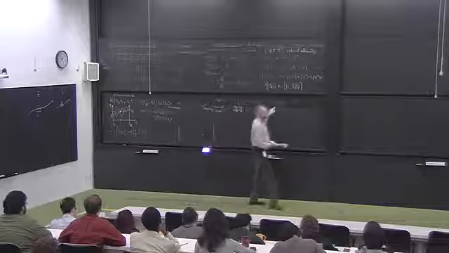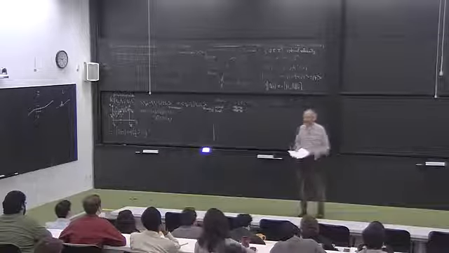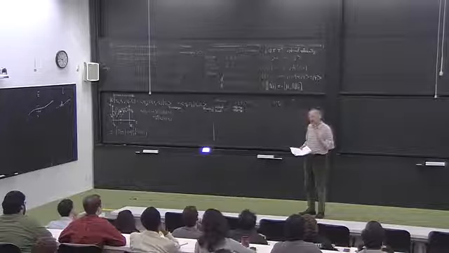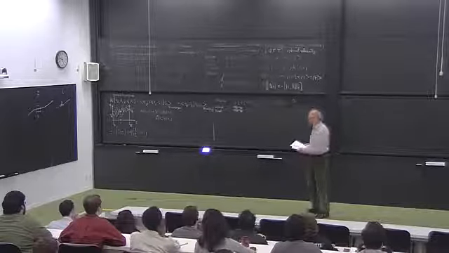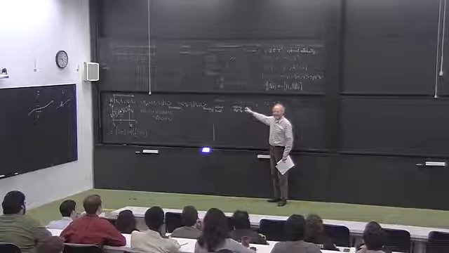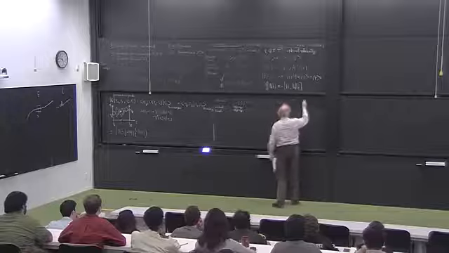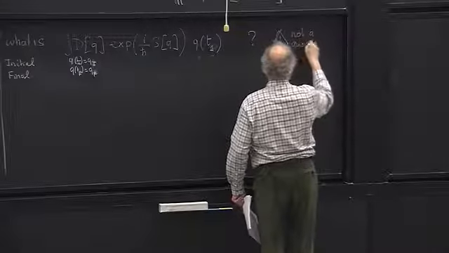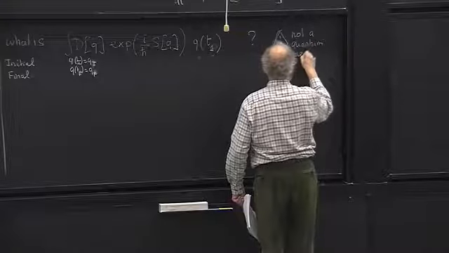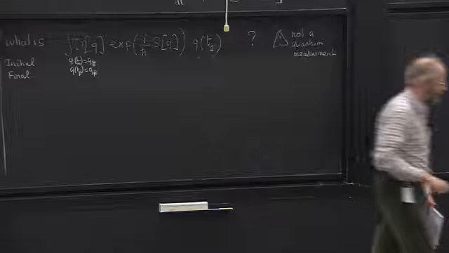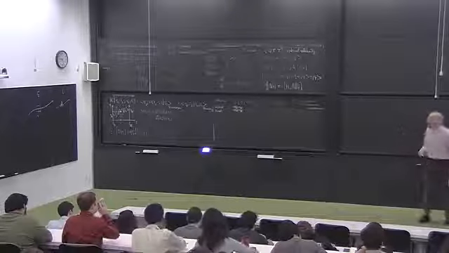This is a classical real number. So this is not a quantum measurement at all. I'm not making a quantum measurement on the particle. I'm just computing a path integral. We are doing some math, we are doing a calculation.